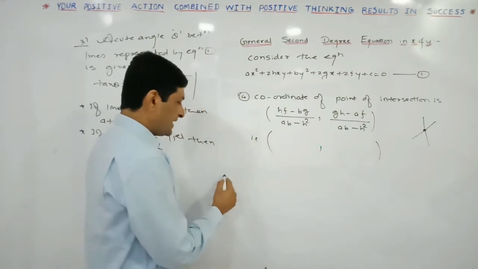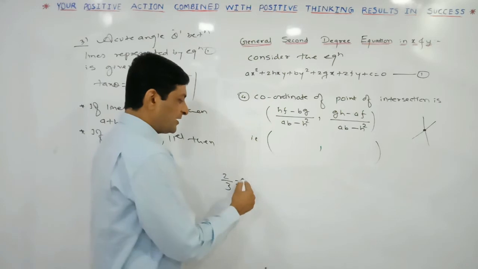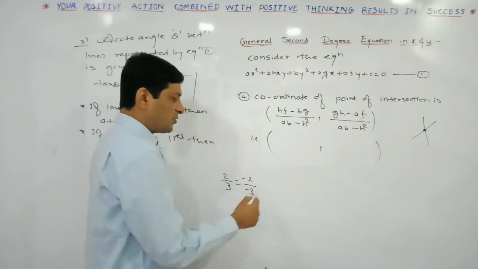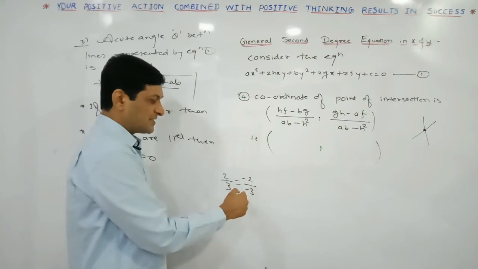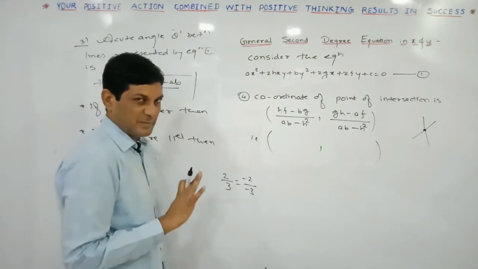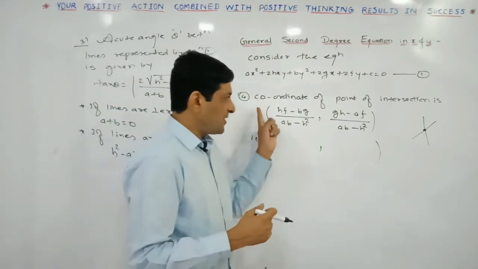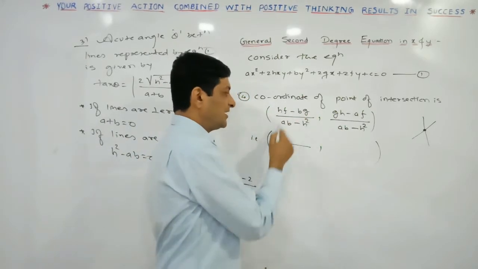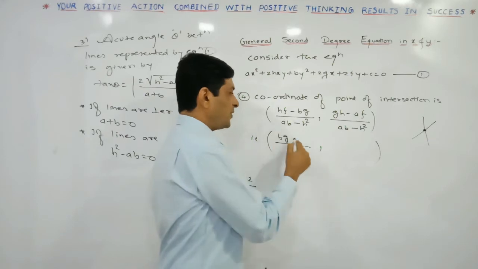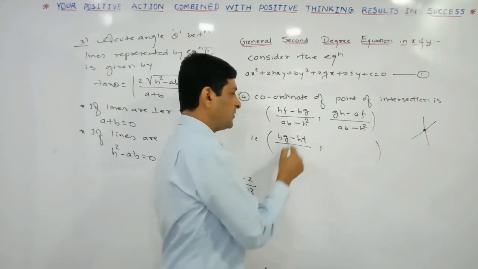Now if we have a number, say 2/3, and we multiply the numerator by minus and the denominator by minus, the value does not change, because cancelling minus minus we get the same number. So for simplicity, if I multiply the numerator and denominator by minus, the negative term will become positive and the positive term will become negative, in the denominator also.